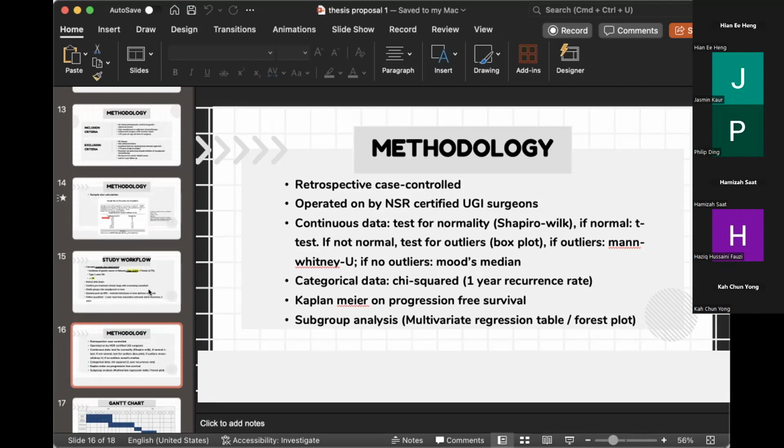So you list all the factors you're going to look at and multiply by 10. If you have 10 factors, you will need 100. If you have 20 factors, then you need 200. I'll share the reference paper later. That is what you should be using for your sample size calculation.